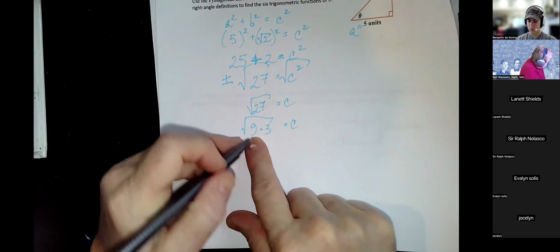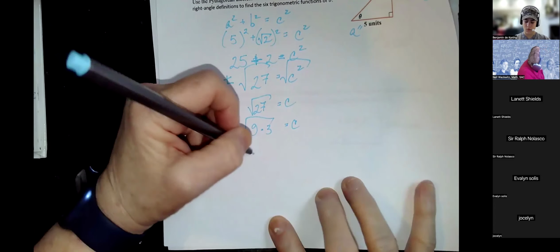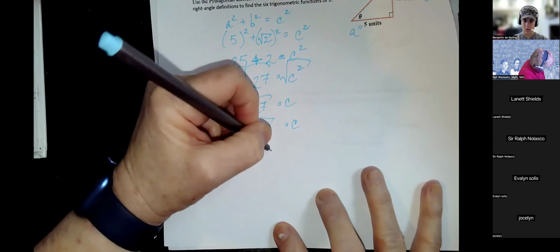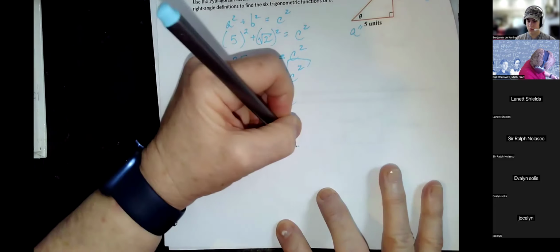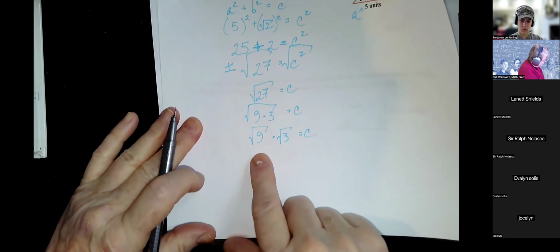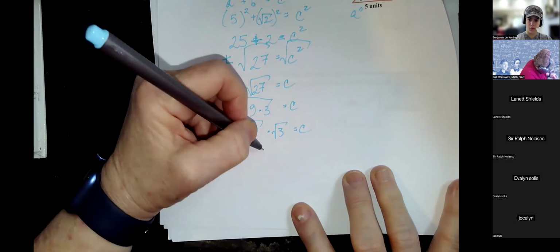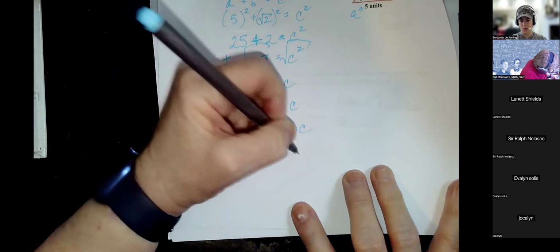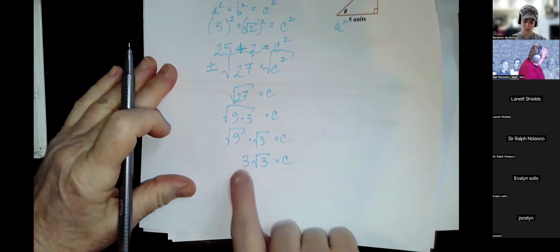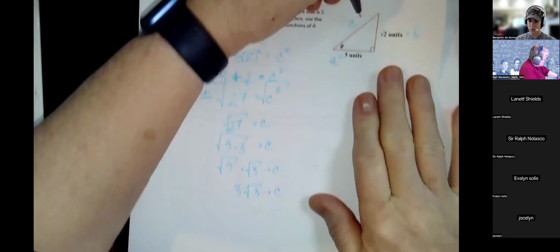I know that the square root of 9 times 3 is the same thing as the square root of 9 times the square root of 3, and the square root of 9 is 3. Good. So we've got that C is 3 square root of 3.